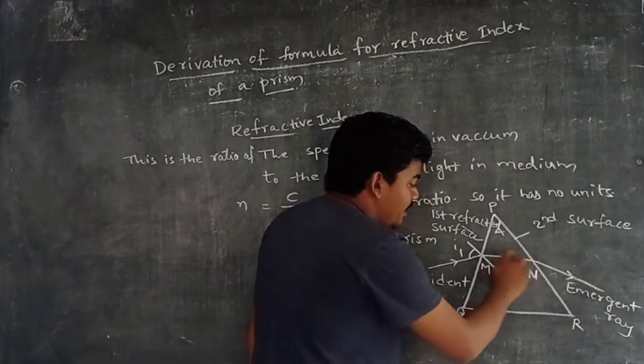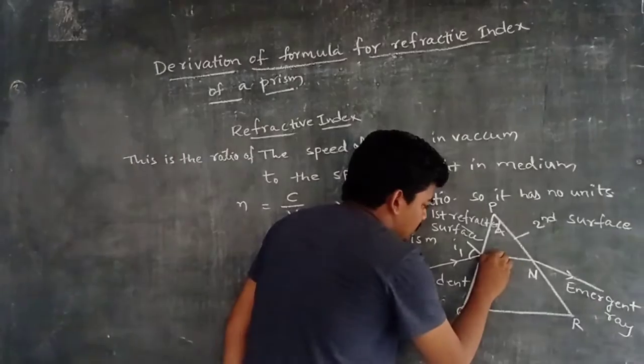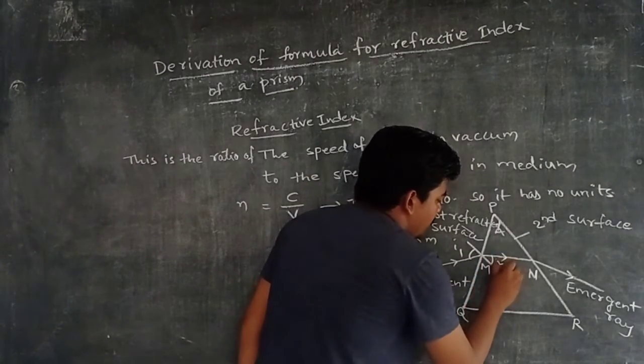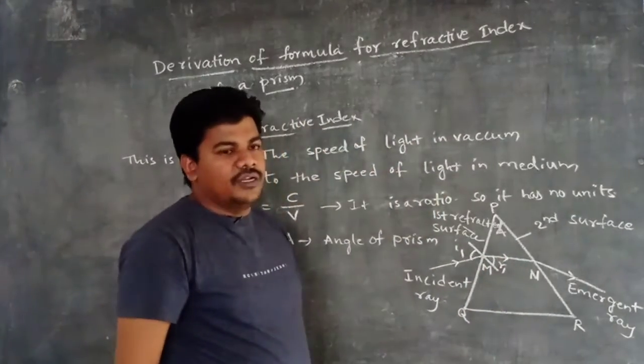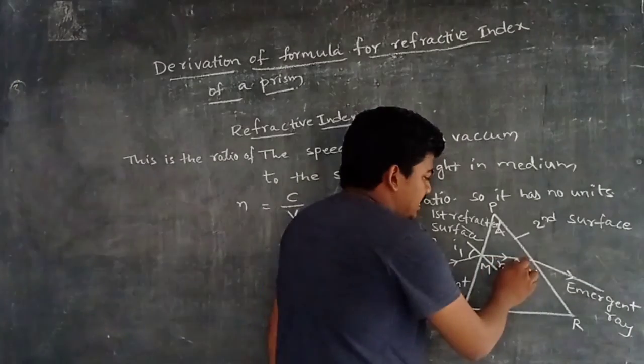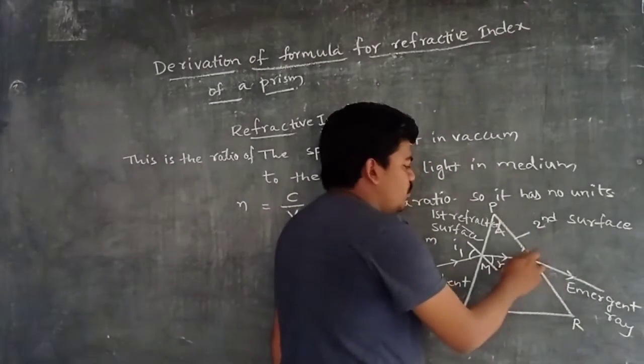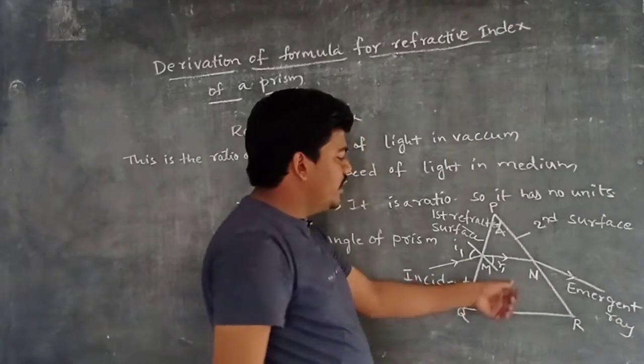The angle made by the refracted ray with respect to its normal is the angle of refraction, small r1. The refracted ray strikes the second surface at point N.